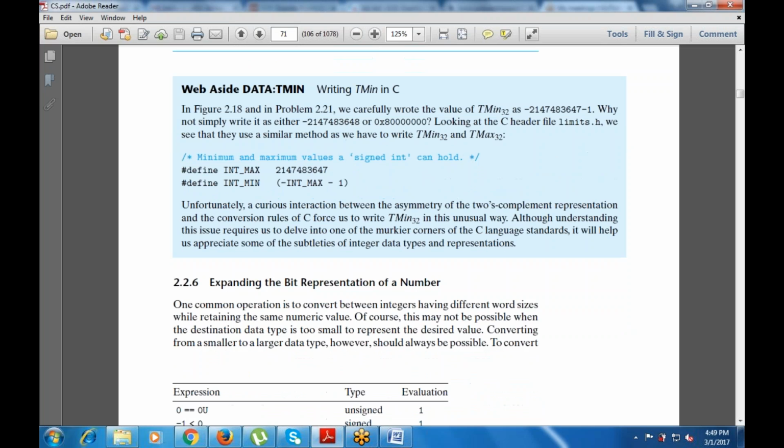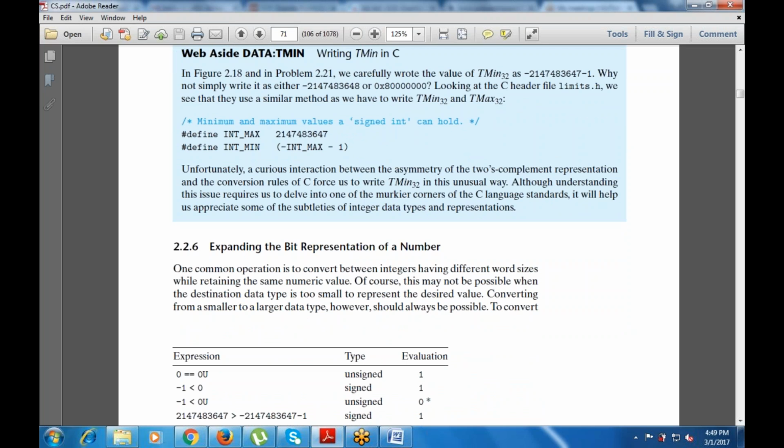Now next is expanding the bit representation of a number. One common operation is to convert between integers having different word sizes while retaining the same numeric value. This is possible when the destination data type is large enough to represent the desired value. So converting from a smaller to a larger data type should be possible.